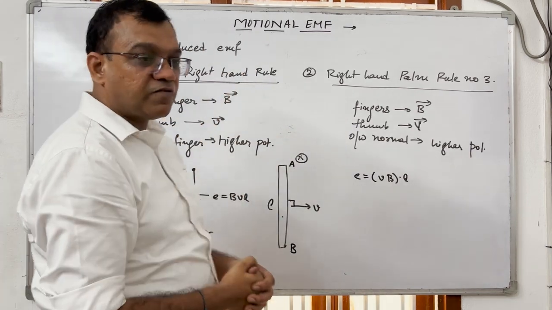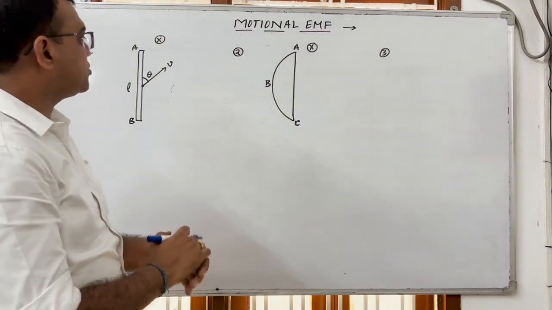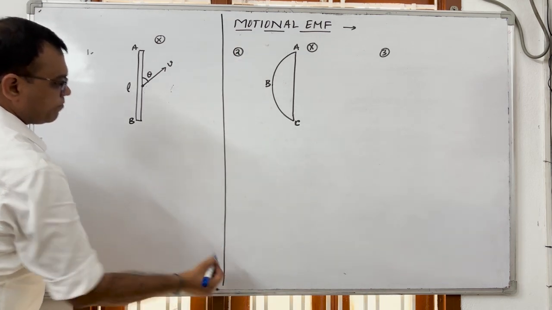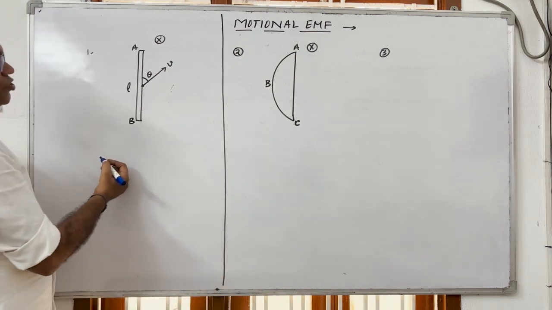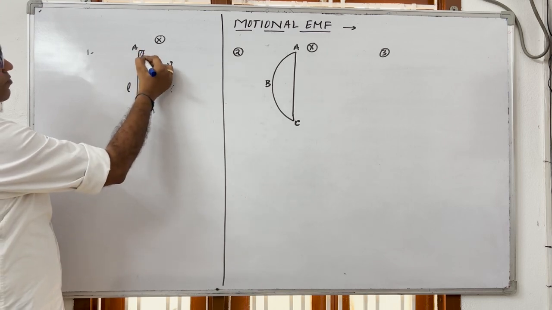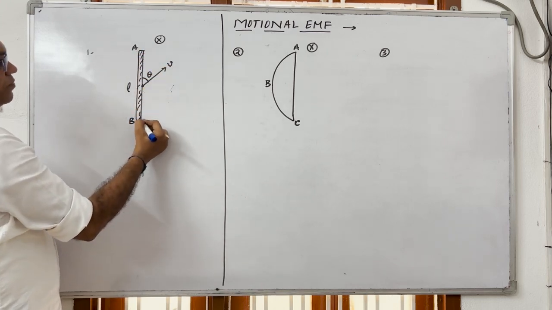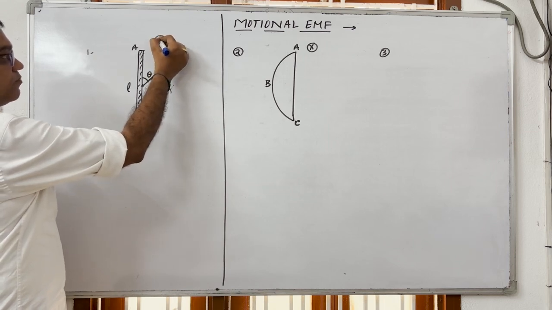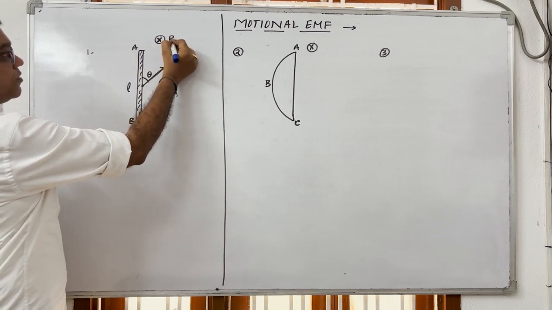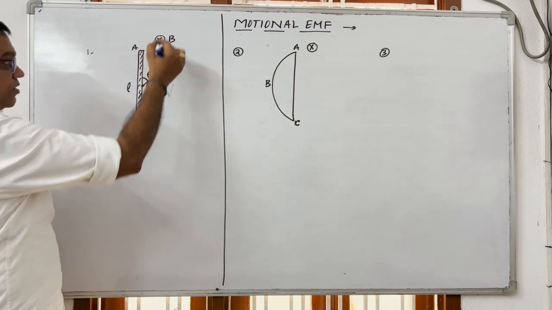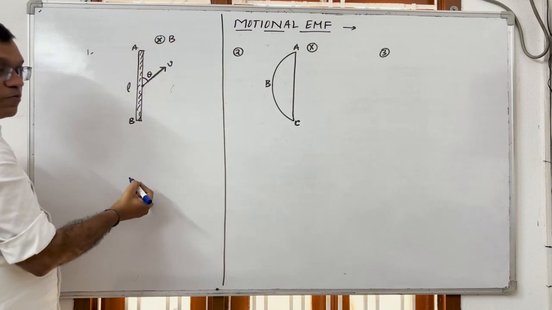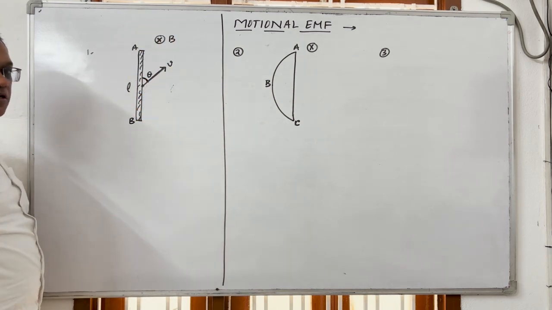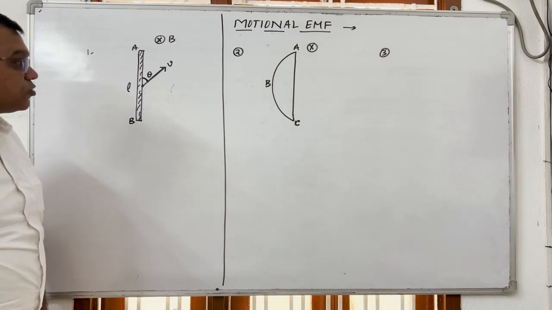Now let's have some questions. Let's take the first question. In this question, we have one conducting rod AB which is moving with velocity V in a uniform magnetic field B. B is into the plane of the board and velocity is making an angle theta with the length of the rod.